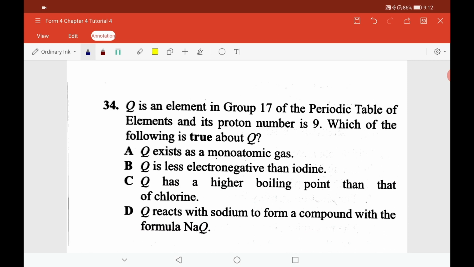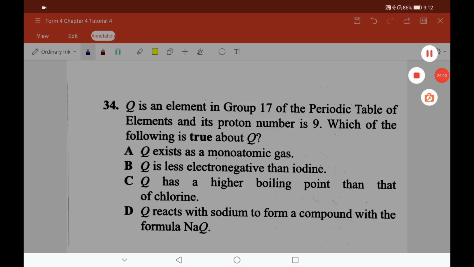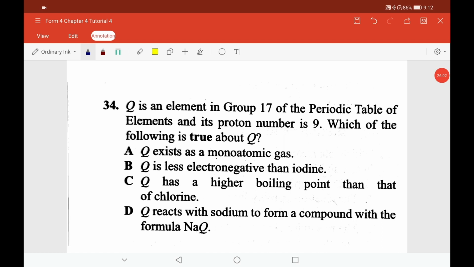Q is an element in group 17 and its proton number is 9. Which one is true about Q? The question told us that Q is in group 17. Answer A says that Q exists as monoatomic gas. Wrong.